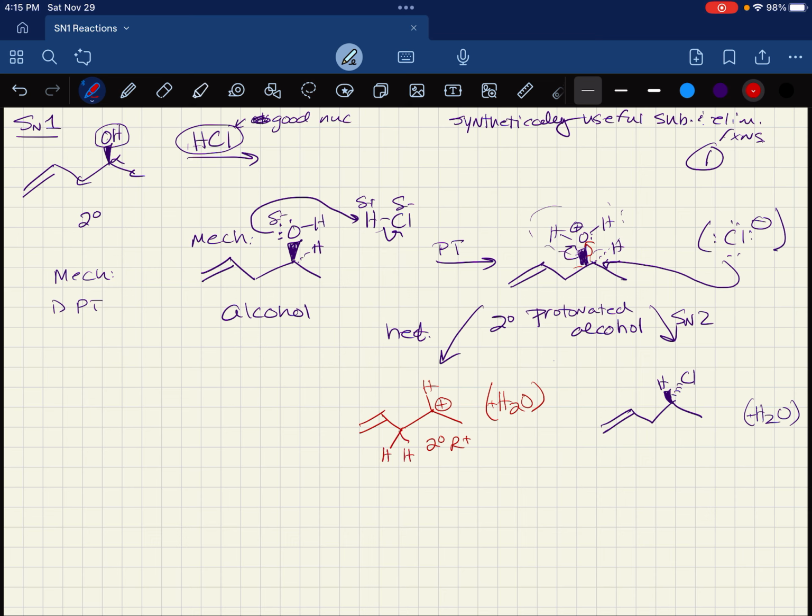When we check for rearrangement, we see that if we did do a hydride shift here, we would end up moving one of the hydrogen atoms from the next carbon over to the right.